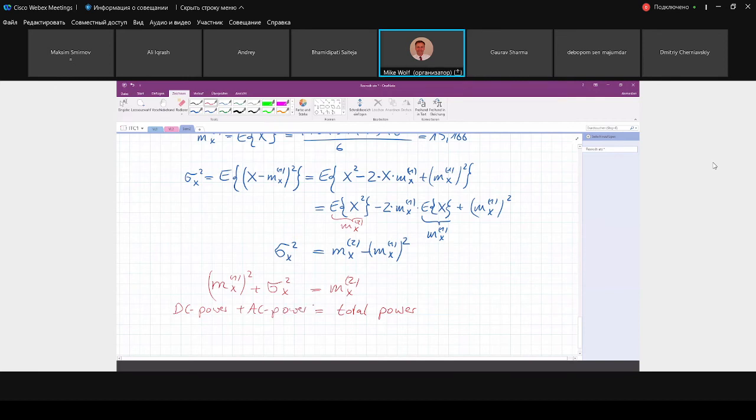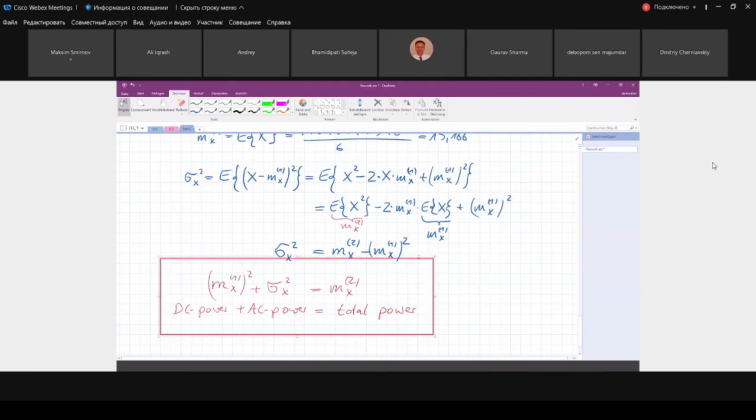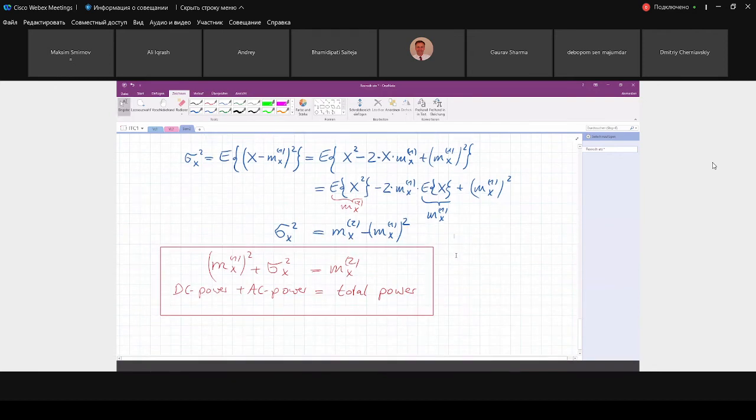You don't need to do this derivation. You should absolutely avoid this. You should know this. This is important. You can use this just to calculate the variance.